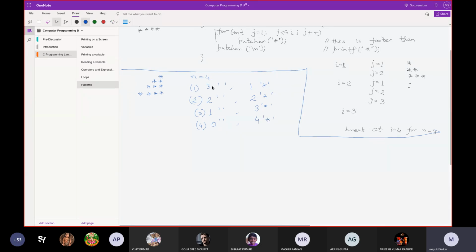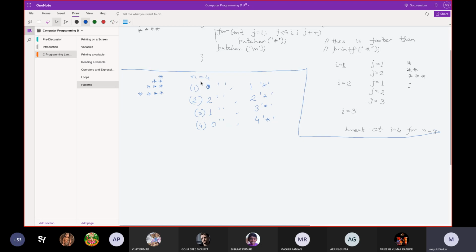Now the pattern is that the number of spaces is decreasing from 3 to 0 and the number of stars is increasing from 1 to 4. Now can you represent it in terms of n? So n in general, minus i. Yes, good.